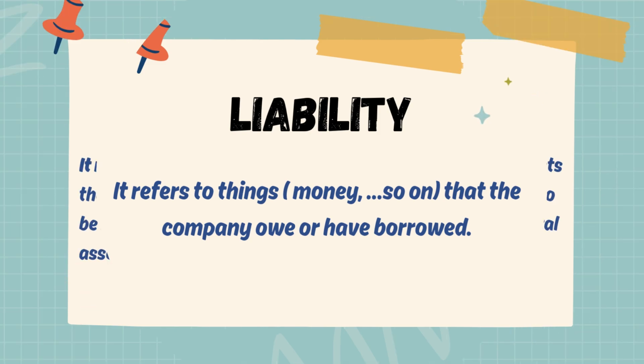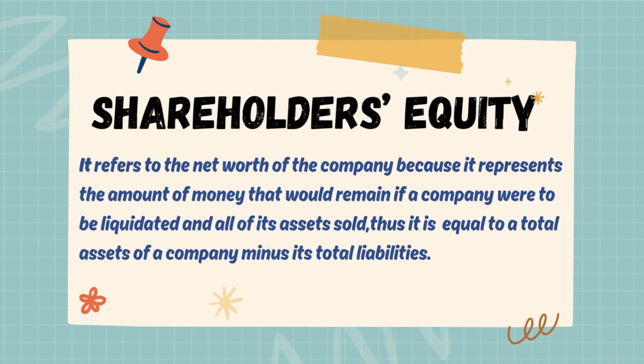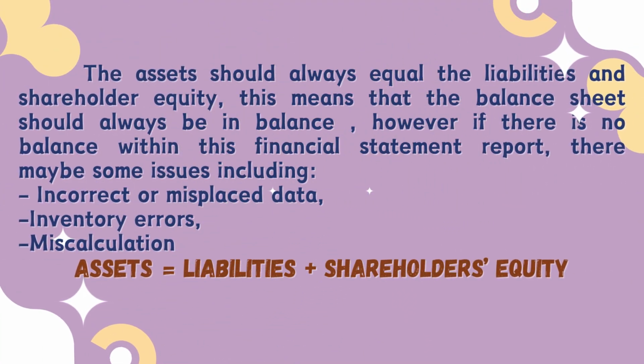The shareholders' equity is the third part of the balance sheet. It refers to the net worth of the company because it represents the amount of money that would remain if a company were to be liquidated and all of its assets sold. Thus, it's equal to total assets minus total liabilities. Within the balance sheet, the assets should always equal the liabilities plus the shareholders' equity.